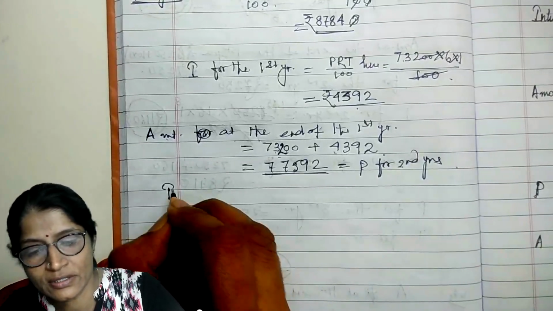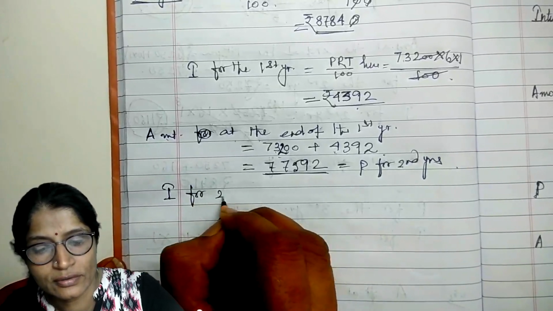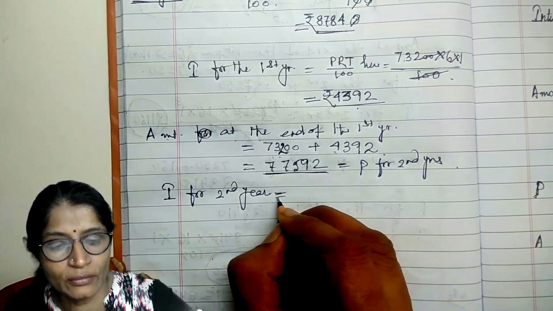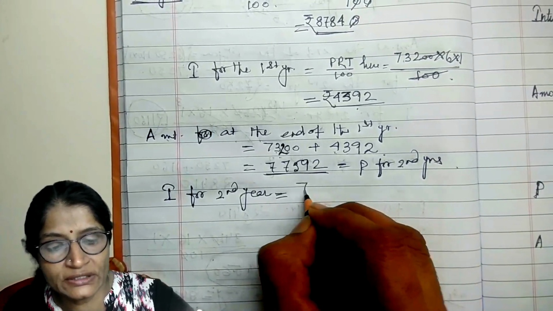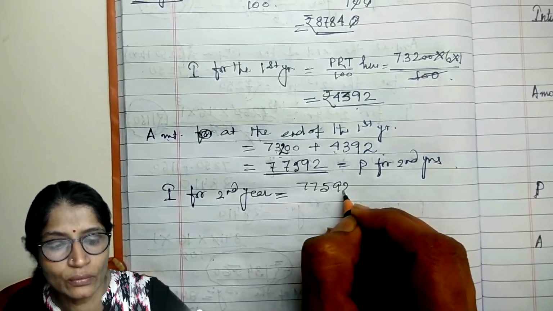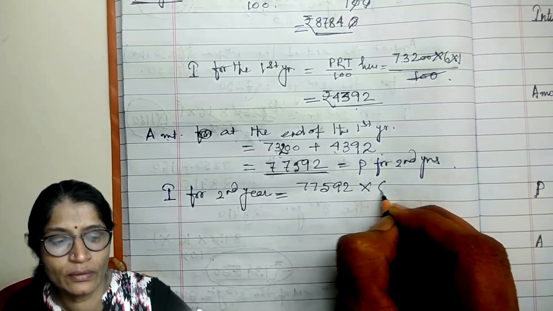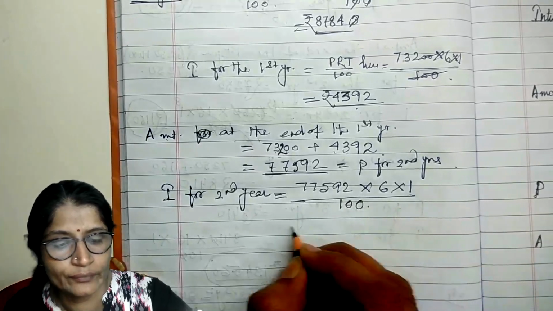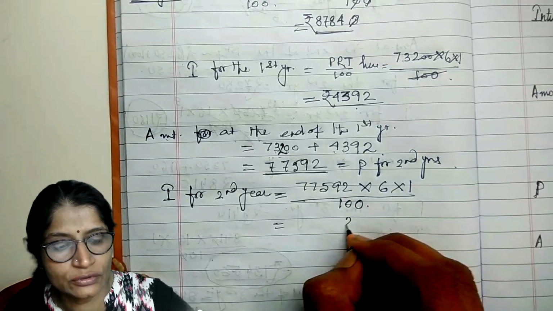Now interest I for the second year when it is compounded, that is equal to, principal is 77592 into rate of interest 6 into 1 divided by 100. So it is equal to 6 twos are 12.